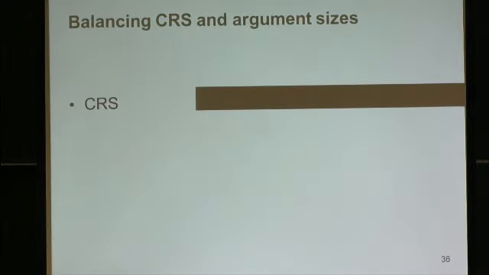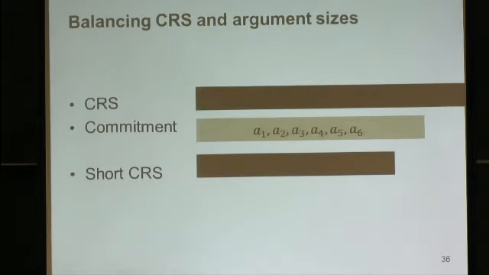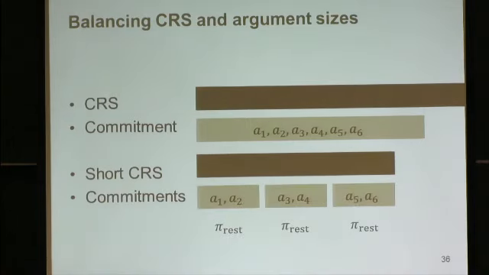Okay. So essentially what we have here is a very long common reference string, right? It's quadratic in n. And then we have some commitments to what's inside these wires. And if we have a shorter common reference string, the problem is that we cannot commit to all the wires at once. But what we can do is simply make several commitments, right?